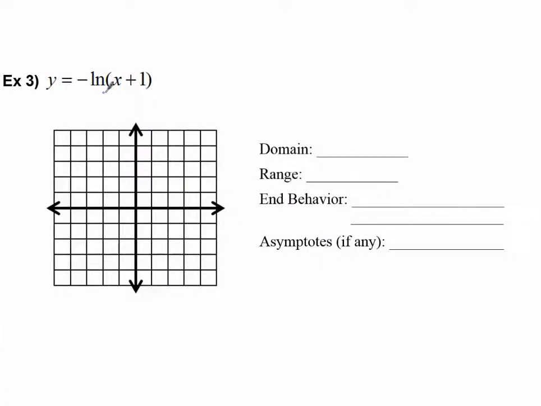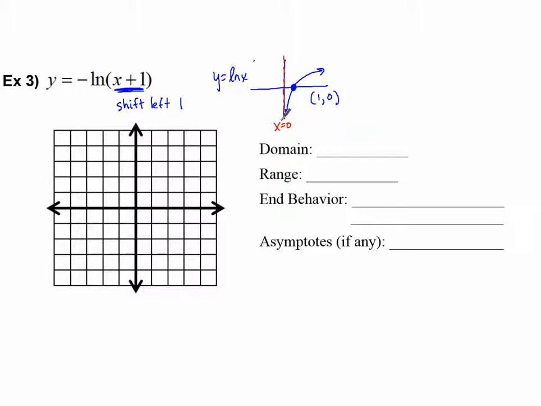Example 3, y equals negative natural log of x plus 1. So again, we recall the parent function, y equals natural log of x, which has a vertical asymptote at x equals 0, and looks like this, with the very important point of (1, 0). Now because of the x plus 1, this is a shift left 1 unit.